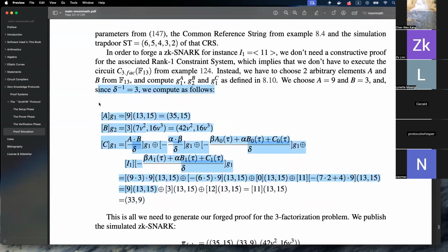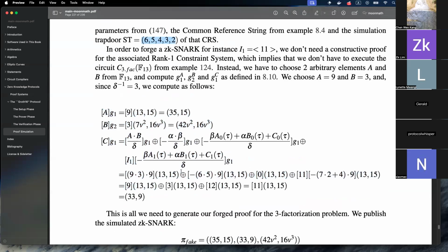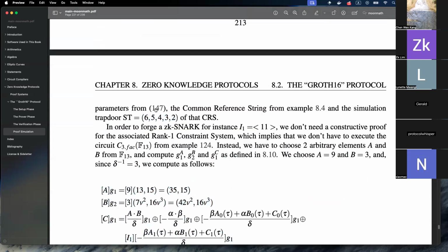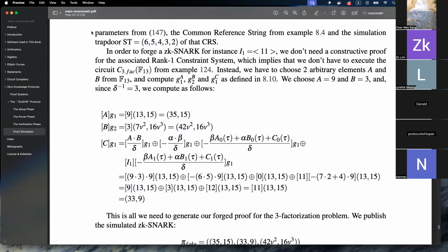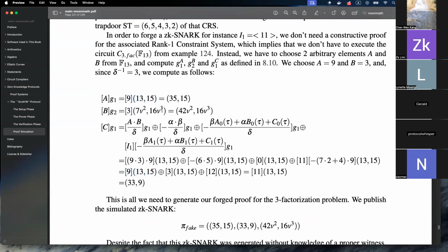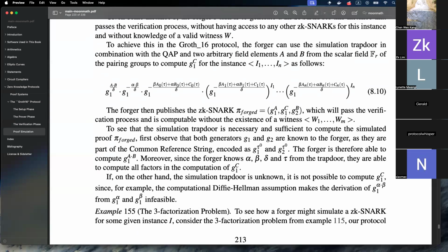And you can make it valid because of the secrets that you know from the toxic waste. If you know your secrets, you can essentially generate something fake. As seen here, right? Let's go through this entire thing.